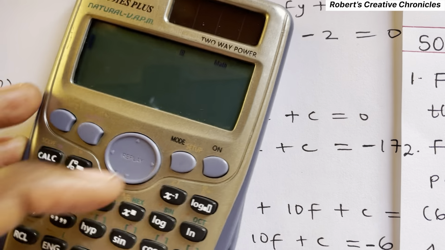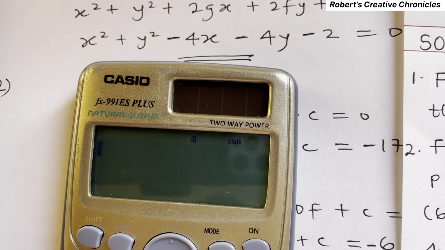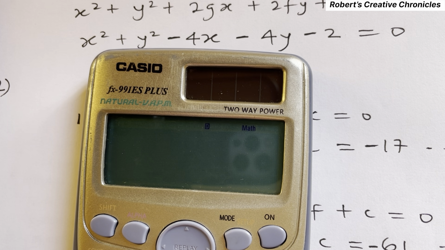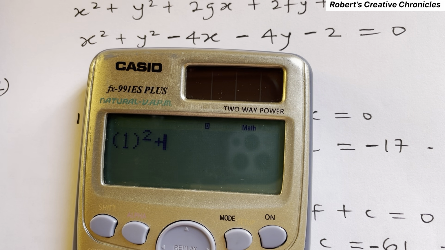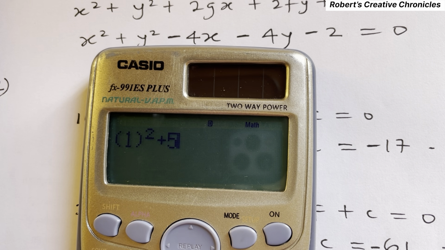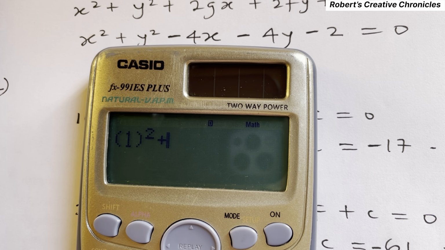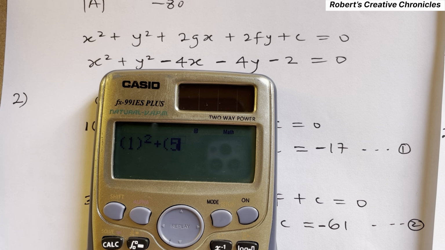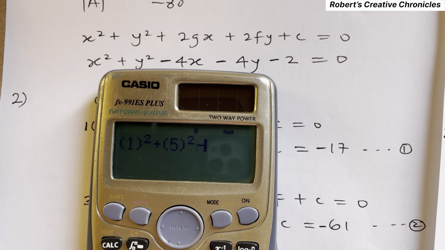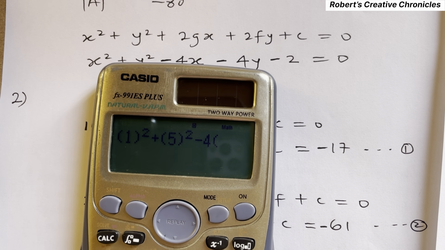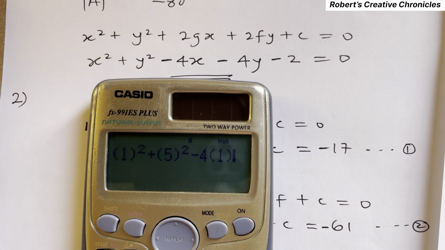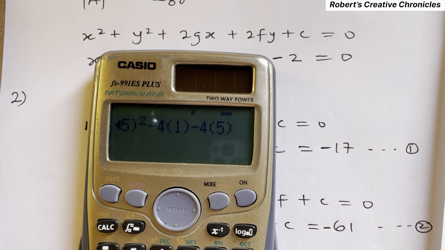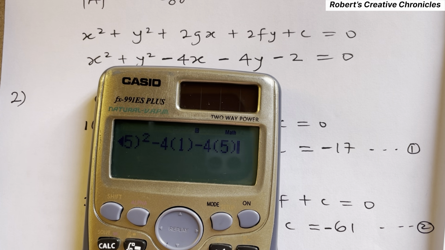Like now, let's test this for example. Let's substitute the first point, 1 and 5. Is 1 squared plus 5 squared minus 4 times 1 minus 4 times 5, then minus 2.